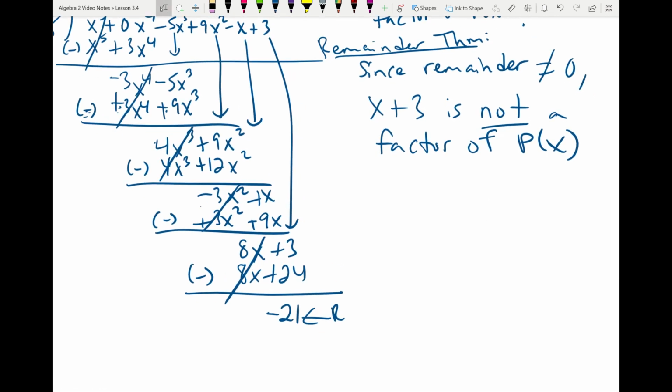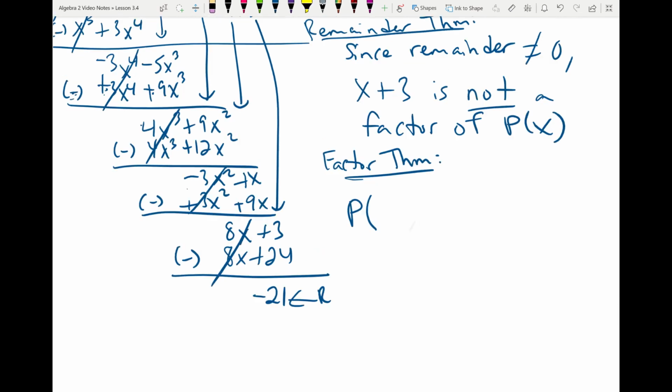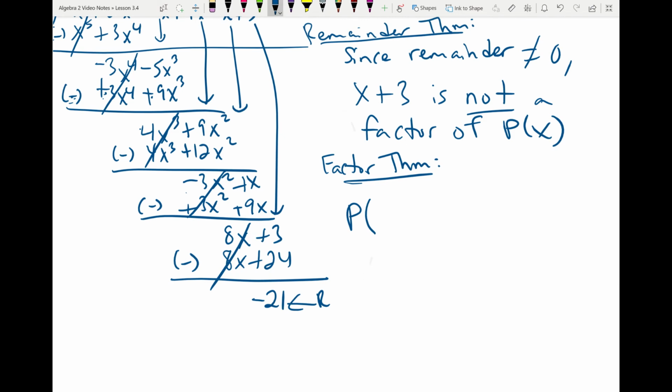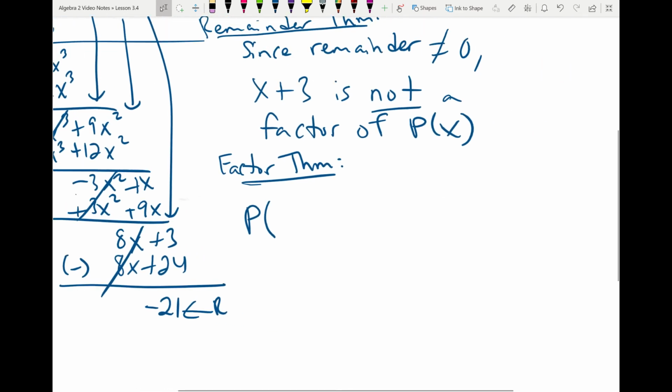All right, so now let's do the factor theorem. So that means we're going to plug in negative 3. So our binomial is x plus 3, right? Okay, so let me write that out here.